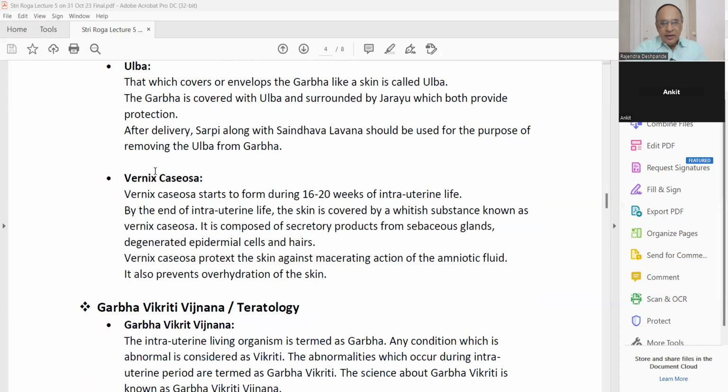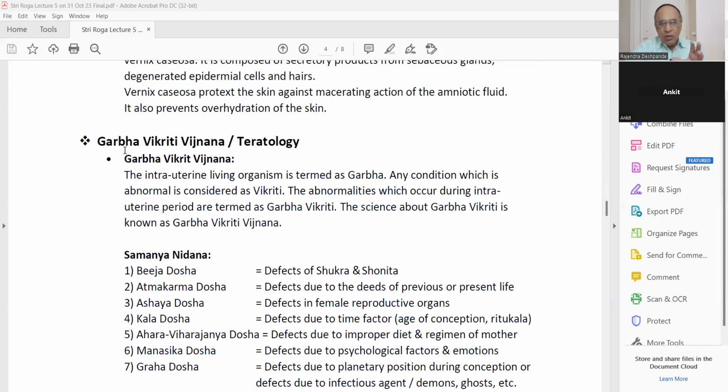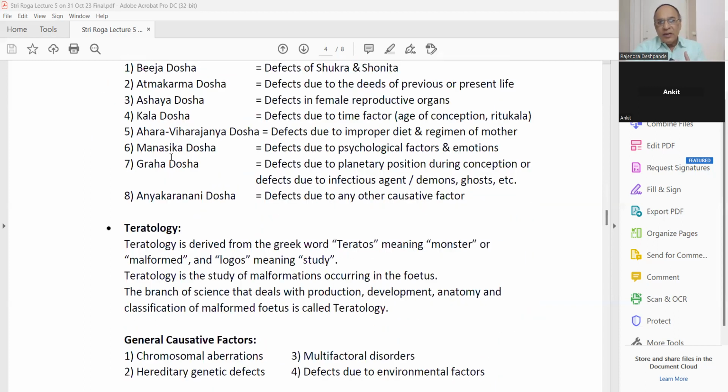And then lastly, we can talk a little bit about Garbha Vikriti Vijnana. What can be the abnormalities in the fetus? What are the causes and what types are there? Teratology. Teratology is a science, and terato means abnormal.